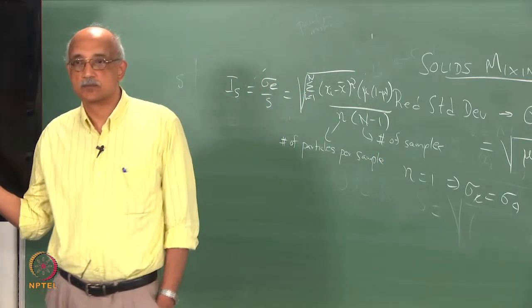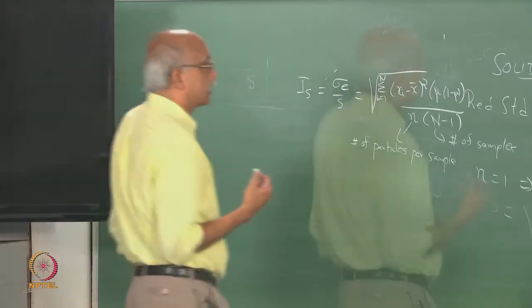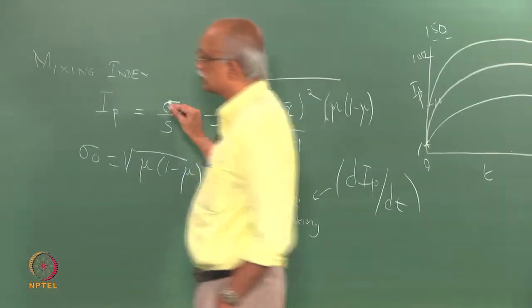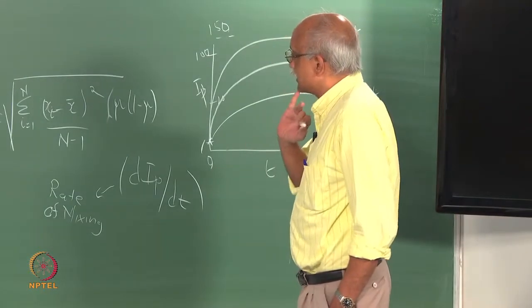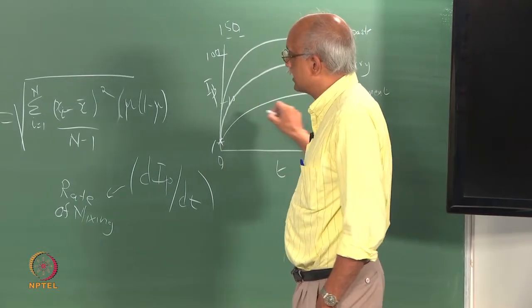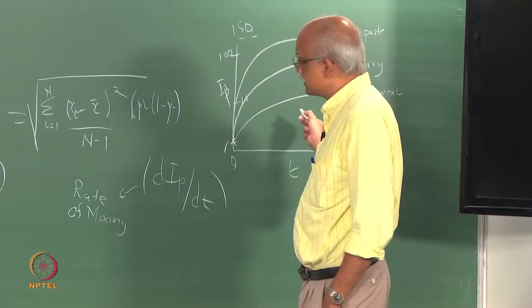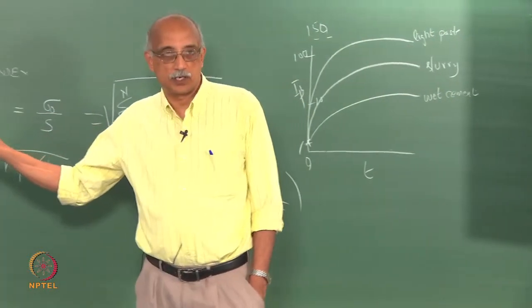Any questions? So that sigma comes down, denominator. All right, in both of these, let us see, at time equal to 0, I_P equal to 1, as time increases, S will become smaller and smaller, right.